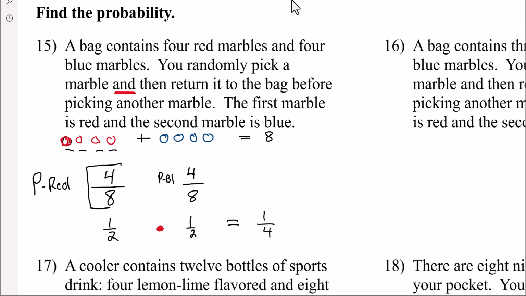We did the probability of finding a red, we did the probability of finding a blue, and since you returned it, they have the same number with each pull. Because the word is and in probability, we're going to multiply those.